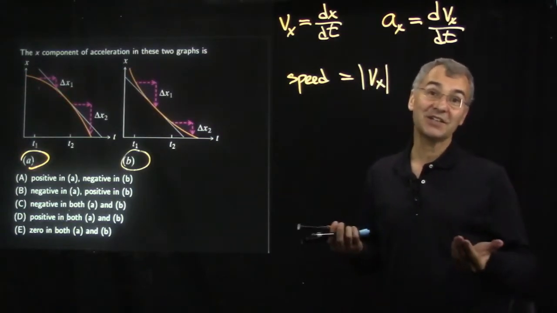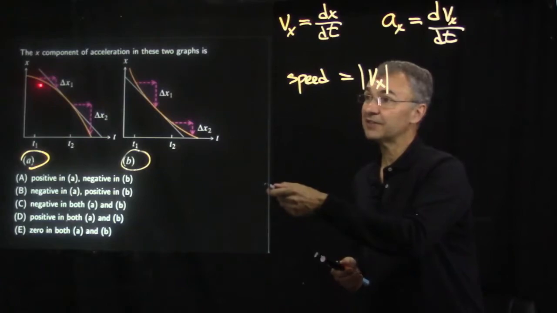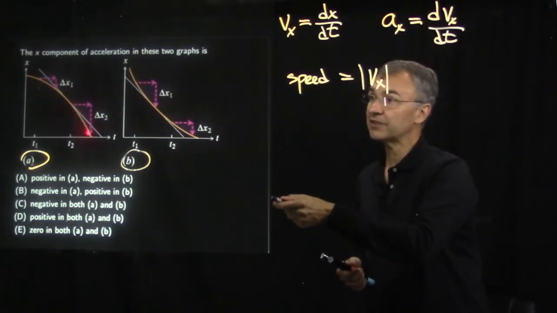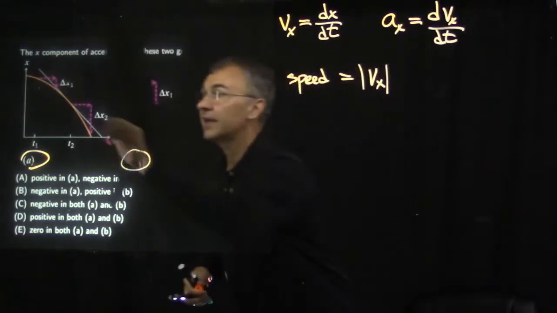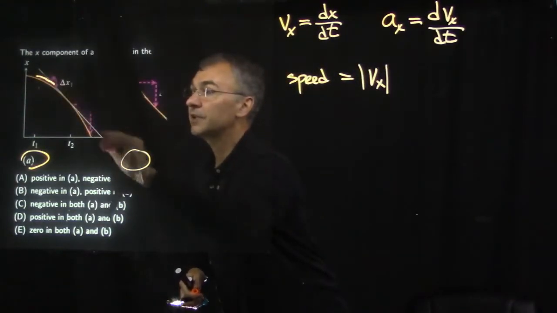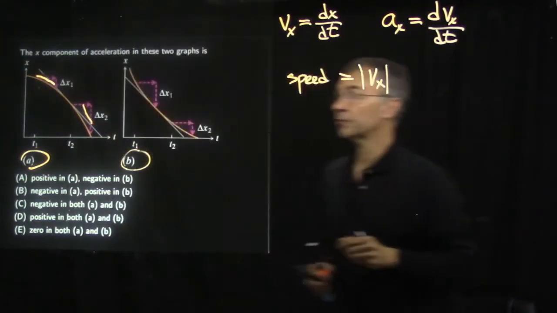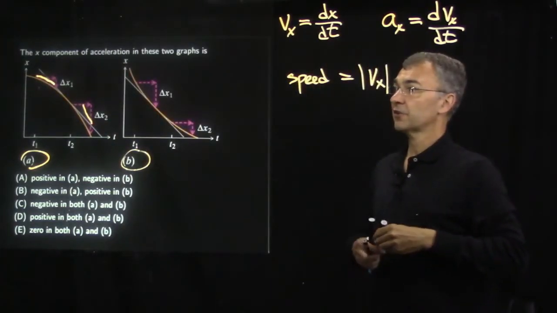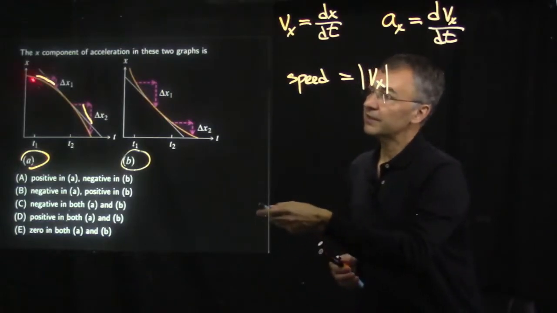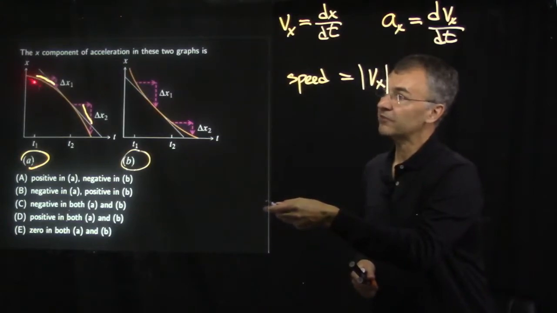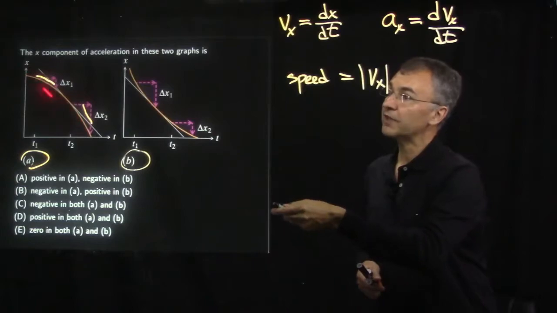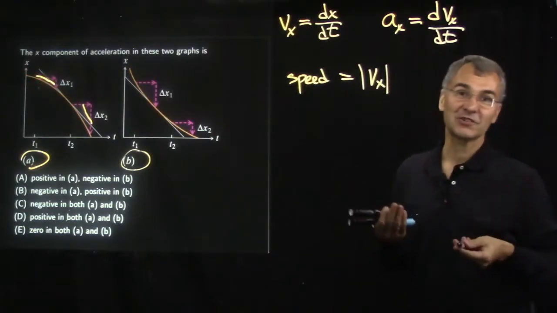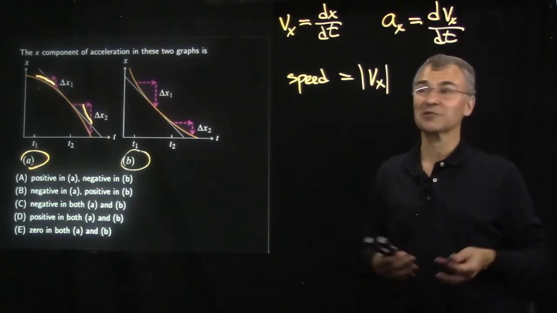That's a negative change. So I think that the x component of acceleration is negative in the first graph because we have a small negative slope here, and an even more negative slope here. So v sub x is negative but of small magnitude, and now it's negative but of bigger magnitude. So it got even more negative. That's a negative change. To make something more negative, you have to subtract from it.